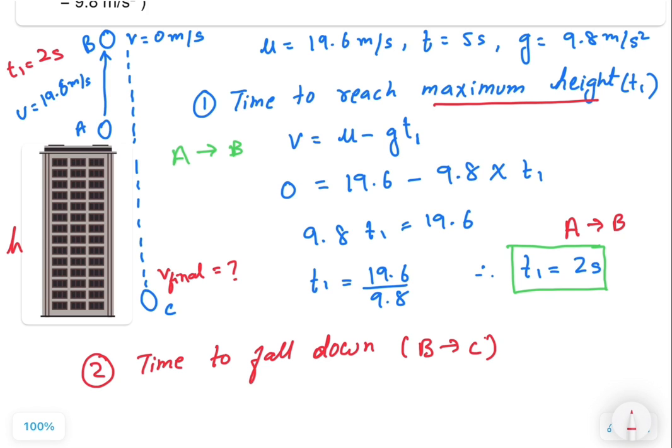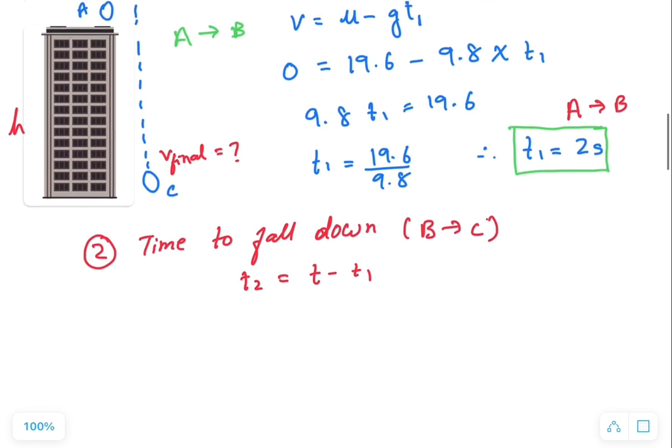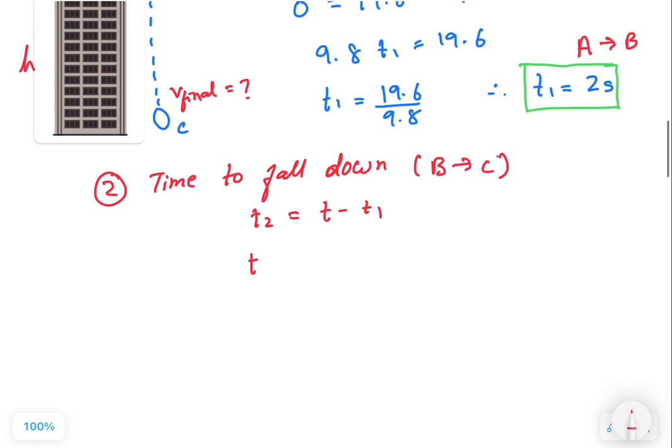So let me call this T2. T2 will be equal to T minus T1. So T2 would be equal to the total time of journey, which is 5 seconds, minus the time for the ball to reach the maximum height from the top of the tower. So that is 2 seconds.